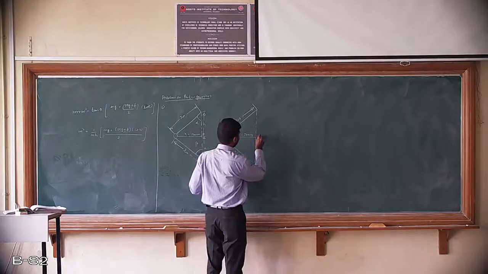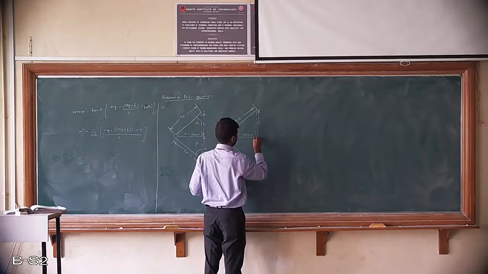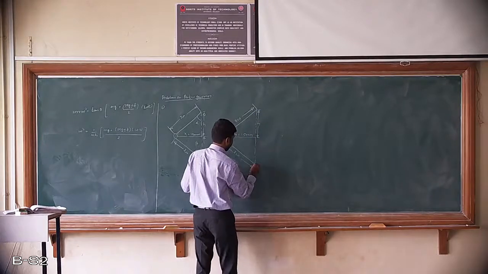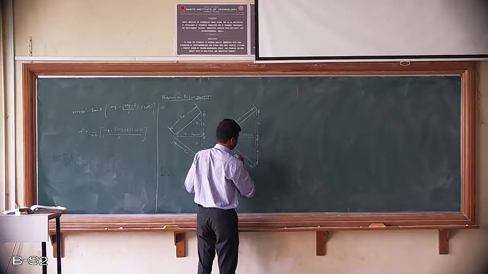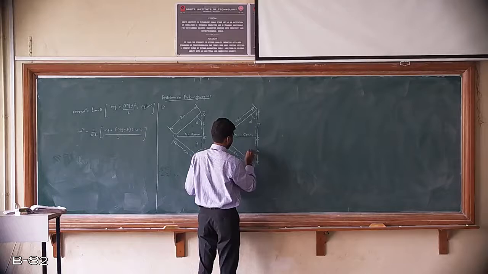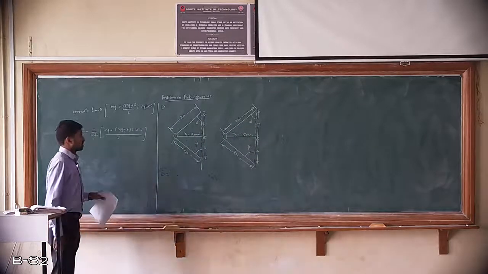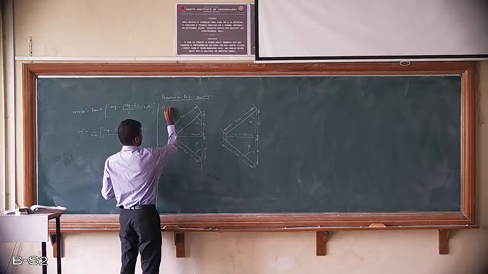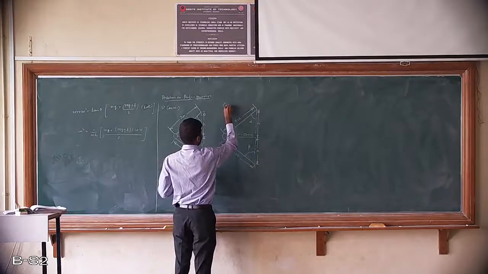Similarly here also I will mark this as height of the governor, that is H, and I will mark this distance as A. I will mark this angle as alpha and this angle as beta. So two cases. This is case 1 and this is case 2.